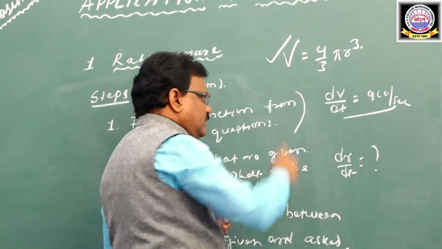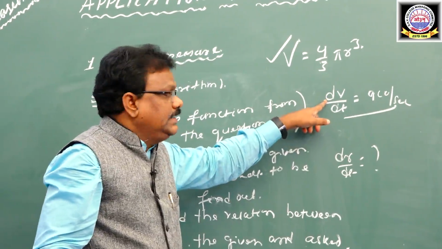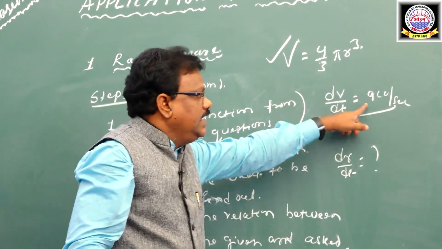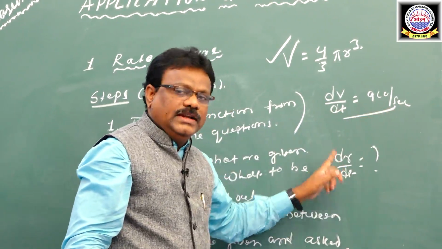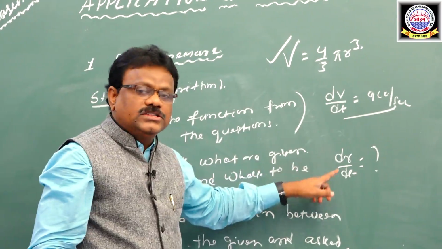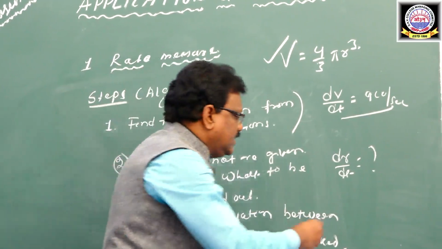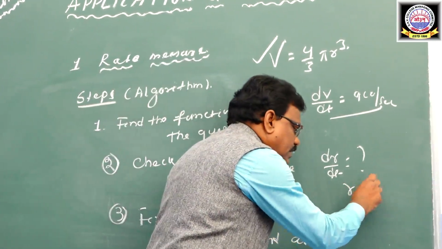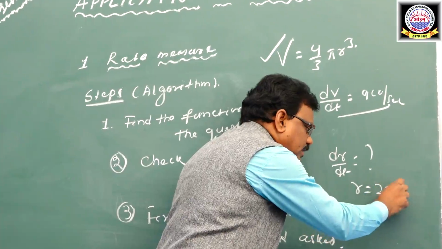And what is given? The balloon is inflated at the rate of 9 cubic centimeter per second. And what is asked? At what rate the radius of the balloon is increased, at the instant when r is 2 centimeter.